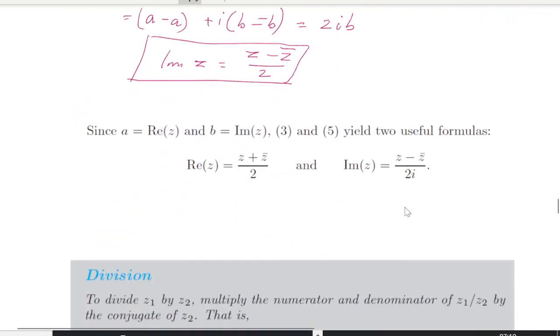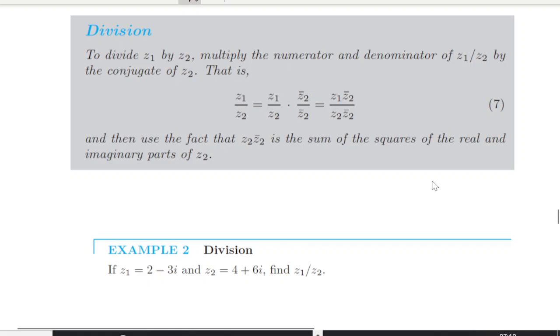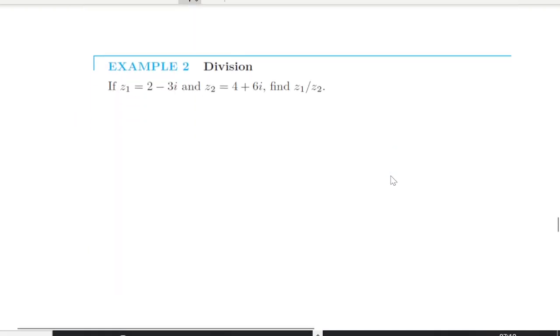So let us see how we can divide these two numbers. Suppose I want to divide z1 and z2. Make sure that when you are dividing z1 with z2, the condition is z2 cannot be equal to 0. So here z2 is not equal to 0. Now I want to find 2 minus 3i by 4 plus 6i.